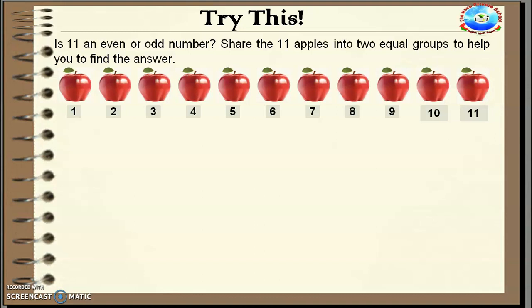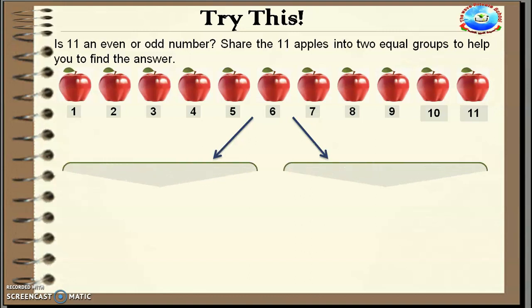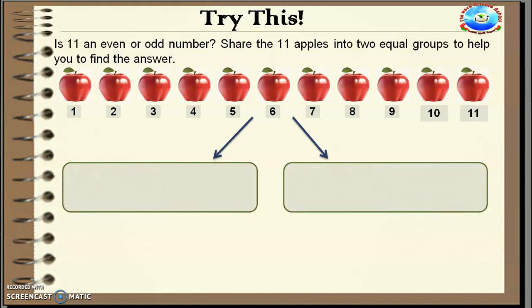To find if a number is even or odd, we can share that number of objects equally into two groups. Here are the two groups. After sharing the objects, if there is no left over, it is an even number. And if there is one left over, it is an odd number. So let us start.